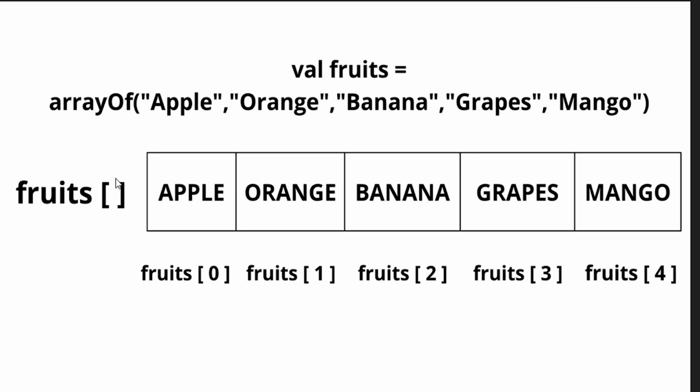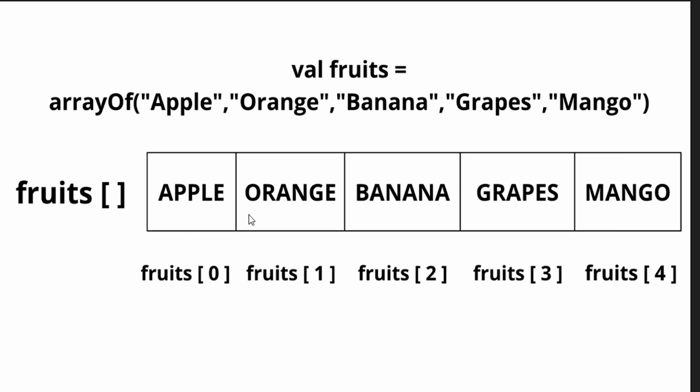Whenever you want to access an array element, you access it like this: the array name and then square brackets. This is an array of 5 elements, but the indexing starts from 0, 1, 2, 3 and 4.